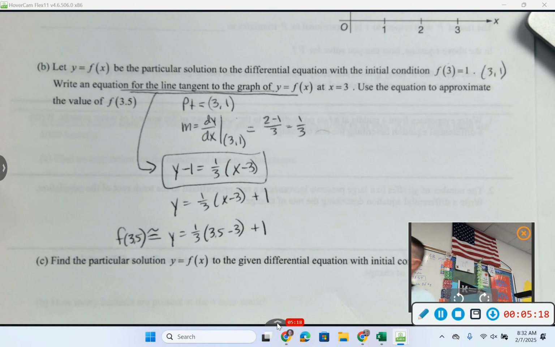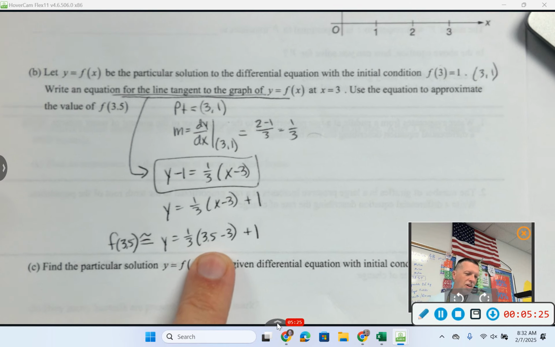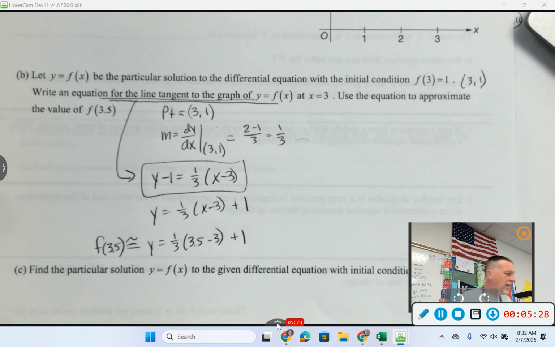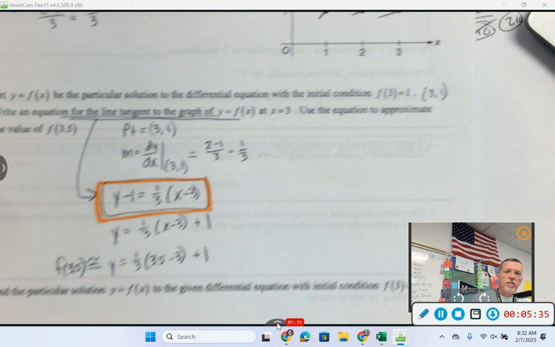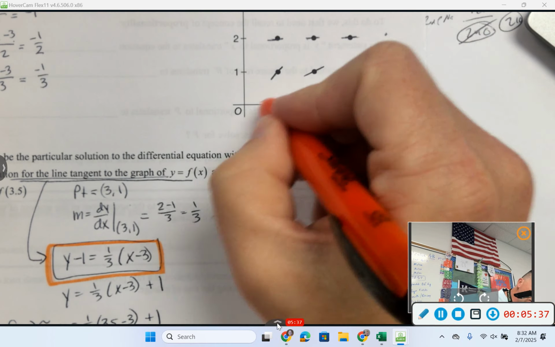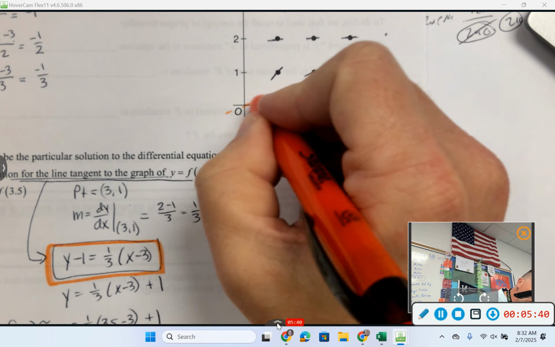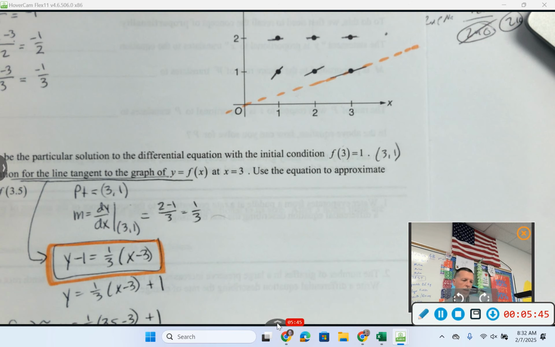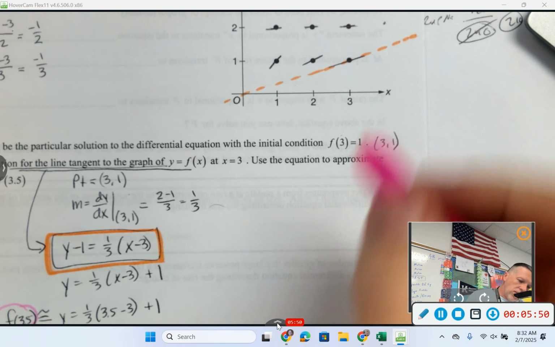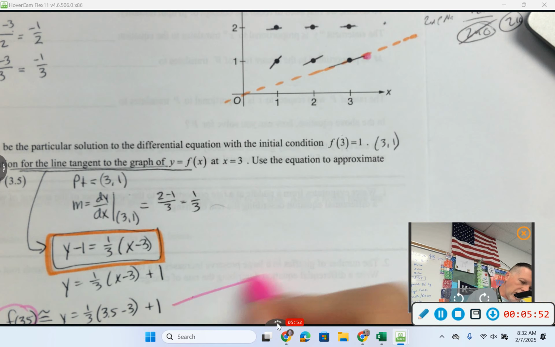So we don't know what the function is. We don't know what f of 3.5 is. But based on this tangent line, I'm going to draw more than I probably should. So if we extended this line all the way, there's our tangent line, and f of 3.5 would be about right there.